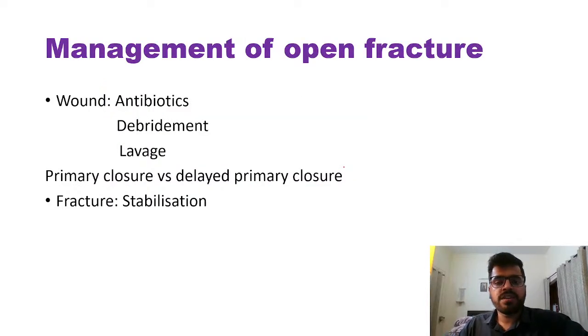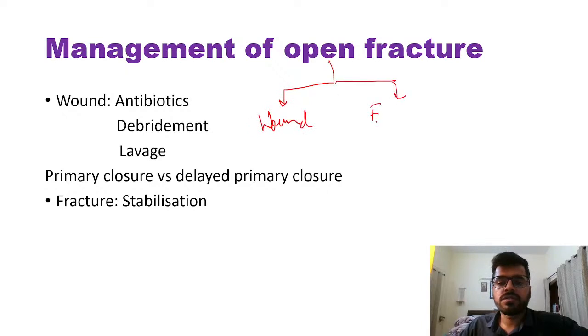Then how do we manage open fractures? So as we've already discussed, there are two things to it. One is the wound, other is the fracture. So we first have to take care of the wound. It is very important to take care of the wound. Only after that we can take care of the fracture.